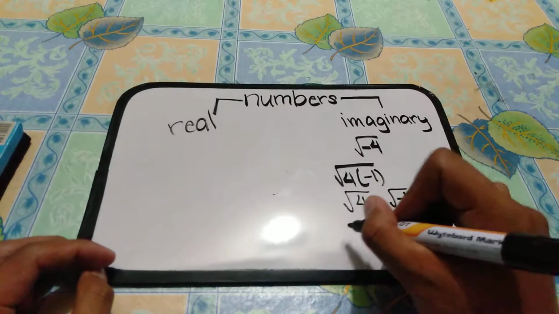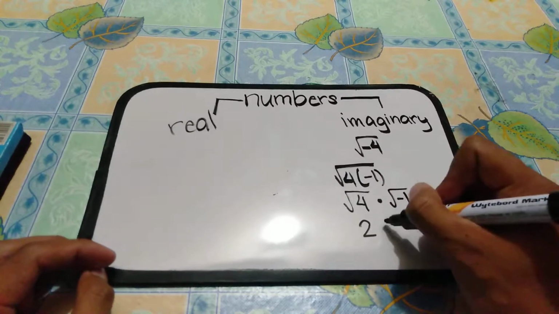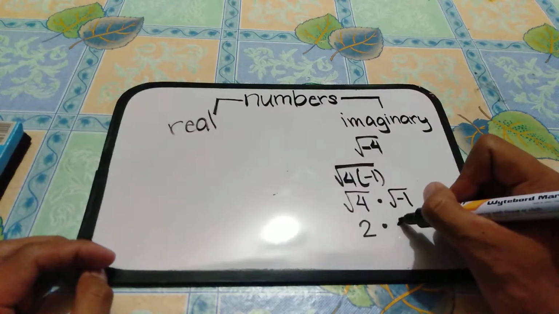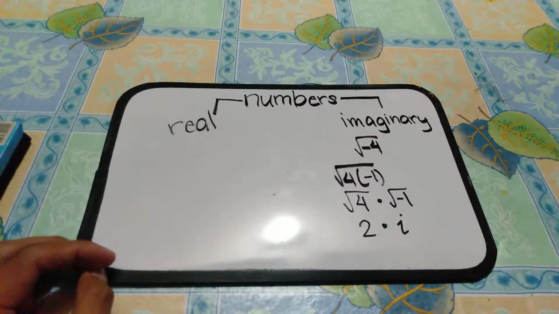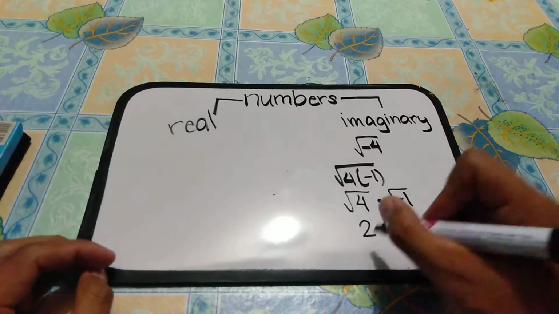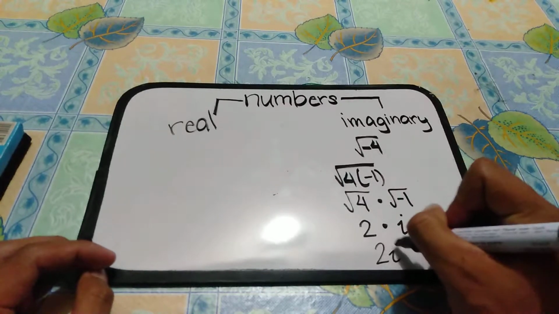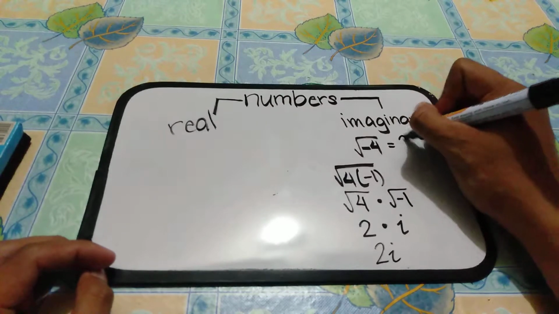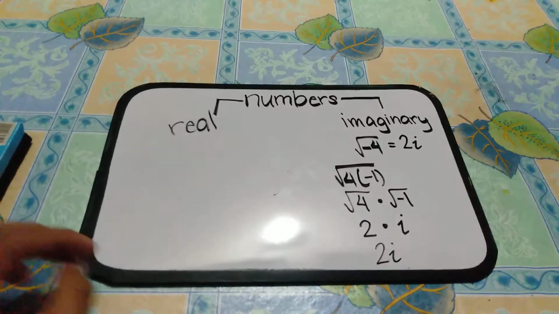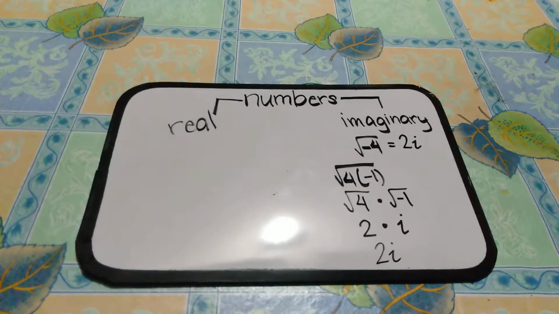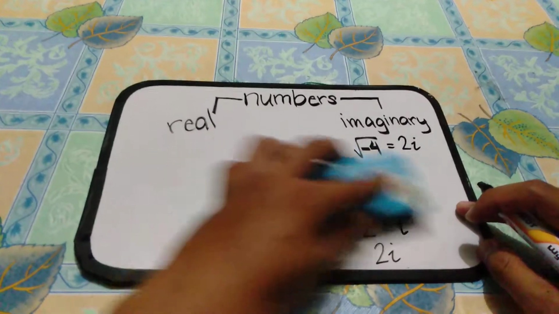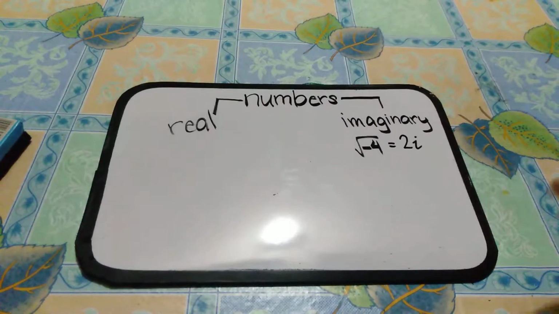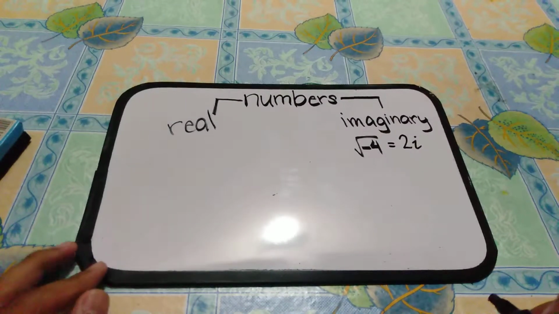Square root of 4 is 2, times square root of -1 is imaginary, which is letter i. 2 times i is 2i. That's why square root of -4 is 2i. Did you get it? Okay. That is imaginary number. Let's proceed to the real numbers.